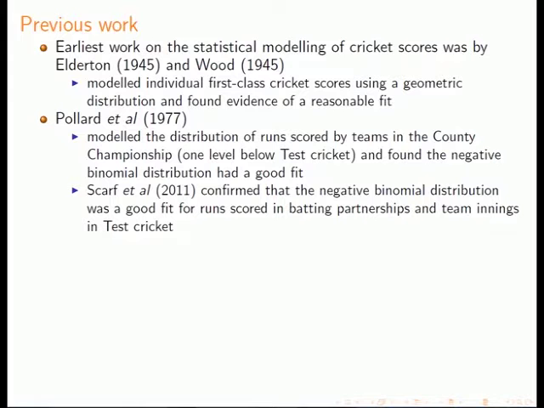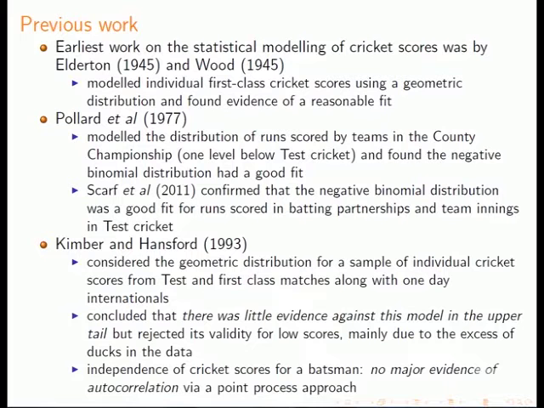And so did these other people, Scarf et al. The negative binomial distribution was a good fit for runs scored. Alan Kimber and Hansford considered the geometric distribution, and I'll be doing an analysis whereby we can compare to see how good a fit the geometric distribution would be.